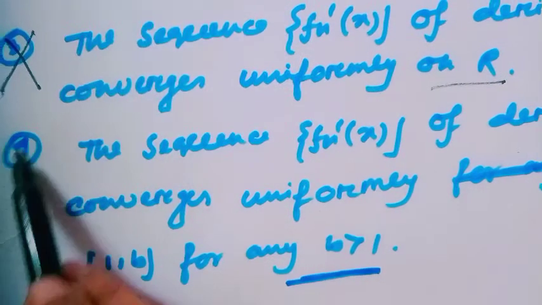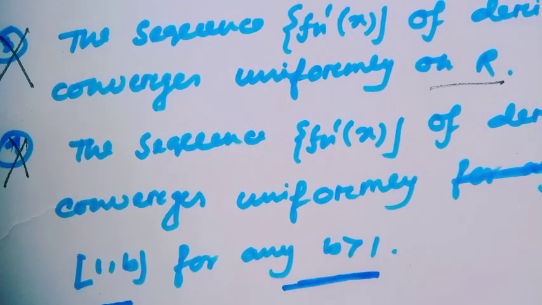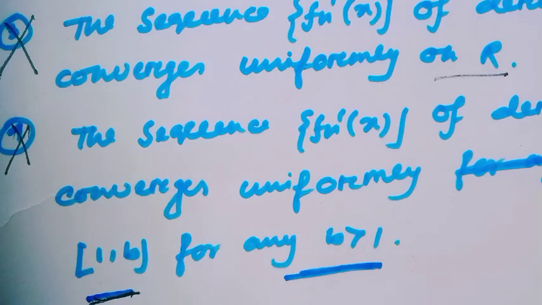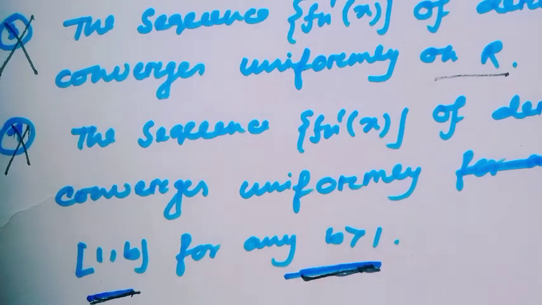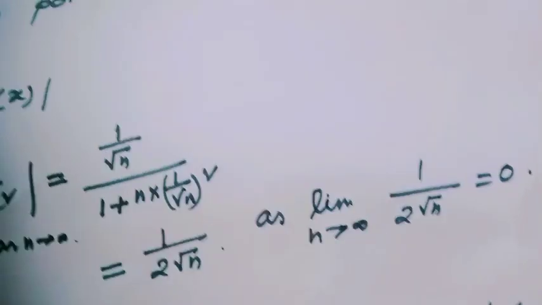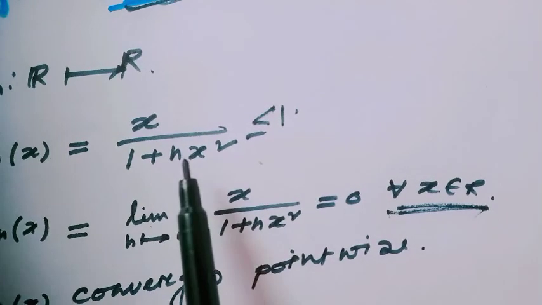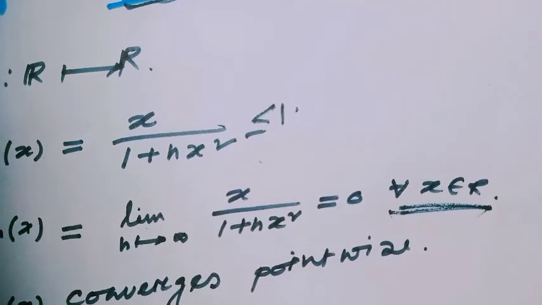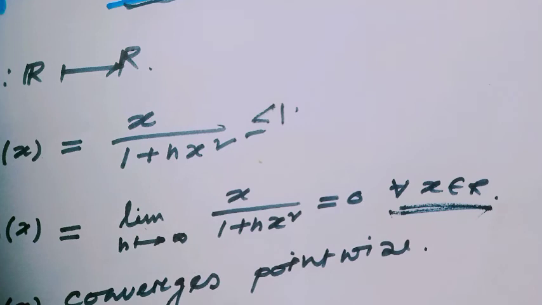Similarly, option 4 is also a wrong option, because it indicates the sequence of functions f_n'(x), the derivative of the function, converges uniformly on the closed interval [1, b] for any b greater than 1. This is also wrong. Are you getting it? Here I have seen a sequence of functions which converges uniformly on R, but whose derivatives do not converge uniformly.